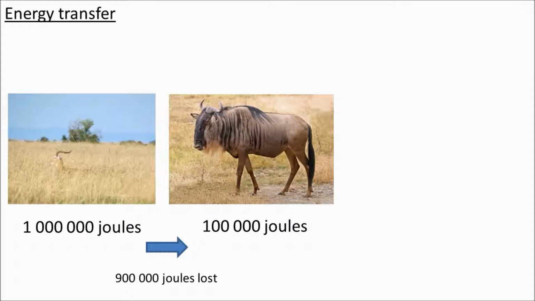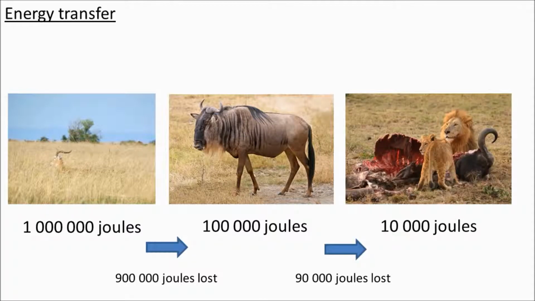And the energy that is taken up by the animal is going to be used by the animal respiring, keeping warm at night. A lot of the energy will be used up on that animal just moving around. So barely any of that energy goes on growth. So let's say 100,000 joules. Out of that million, 100,000 joules of that grass energy ends up in the wildebeest body.